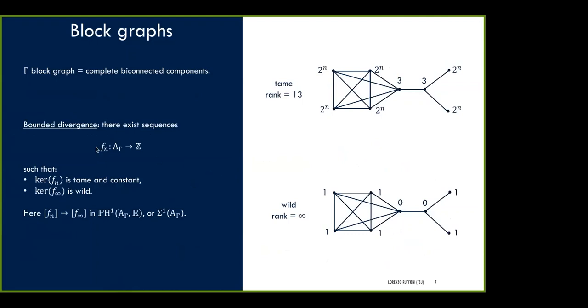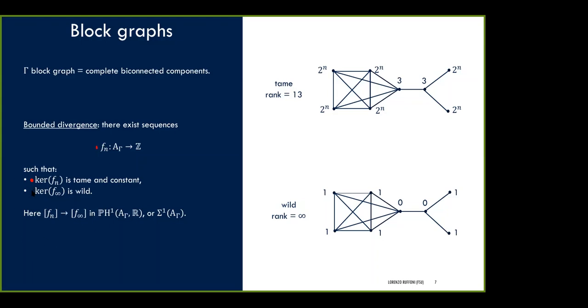It's the following phenomenon. A sequence of characters f_n from your RAAG to Z, with the following properties. For each fixed n, the Artin kernel generated by that is tame and constant, meaning that it is a finitely generated group. The rank is always the same, independent of n, and in terms of this graph of groups, the decomposition is always the same group.